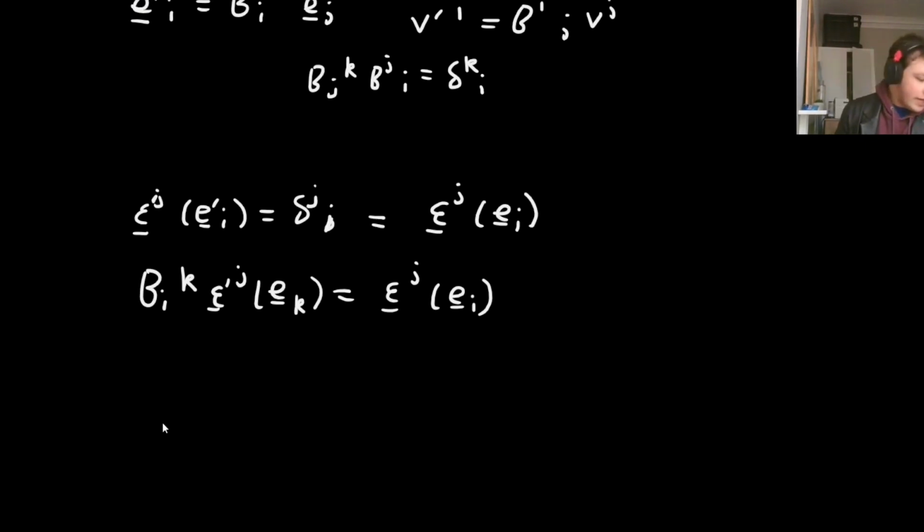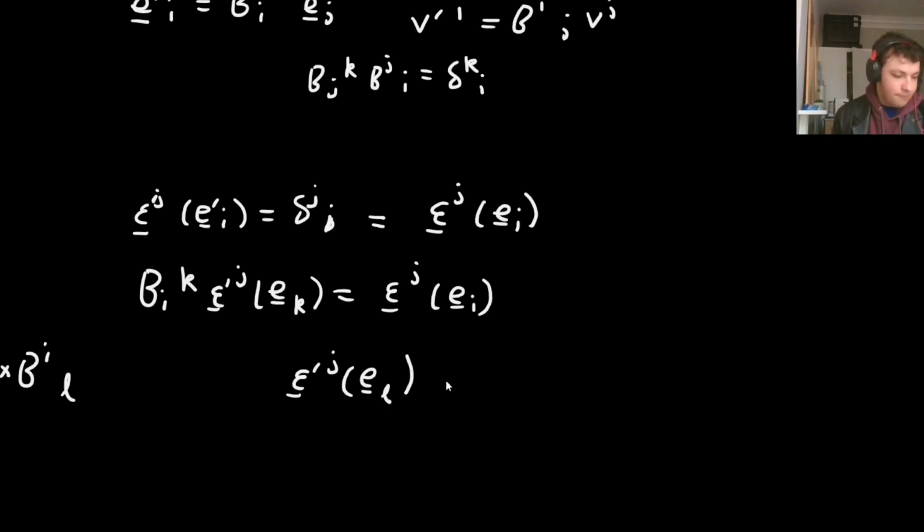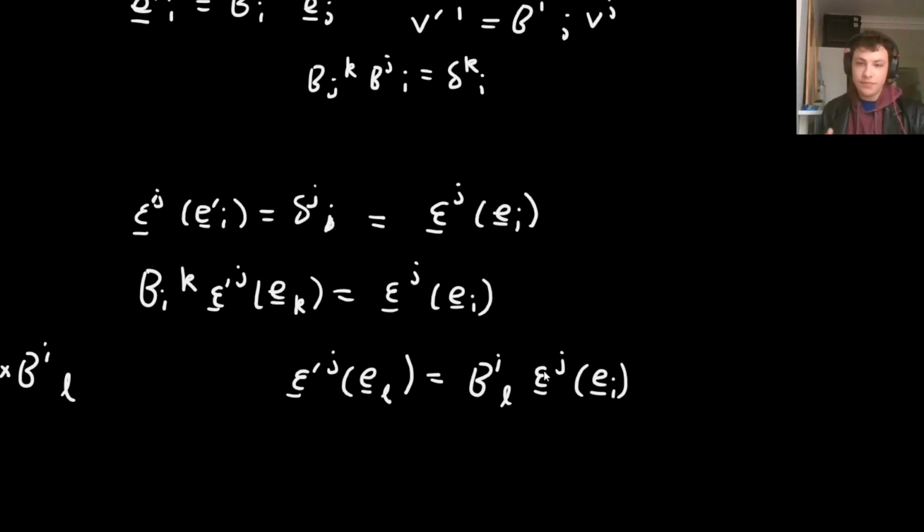Now we're going to hit both sides with a b_il, which is going to turn this thing into a delta_kl, which is going to turn this into an l. So epsilon'^j e_l, yep, is going to equal b_il epsilon^j e_i, but then this is still just a delta function.